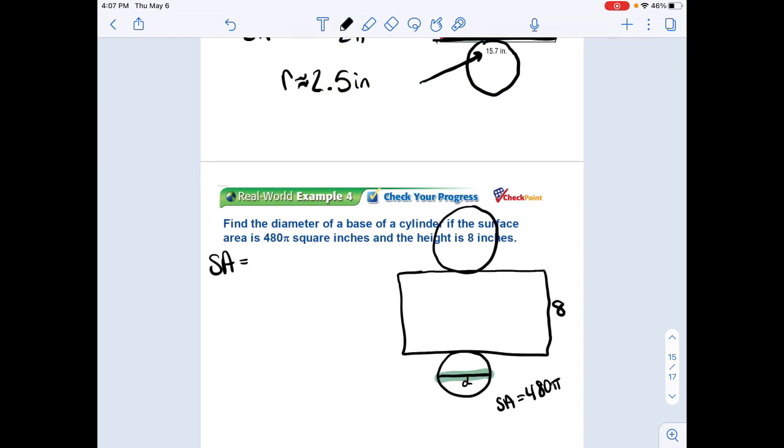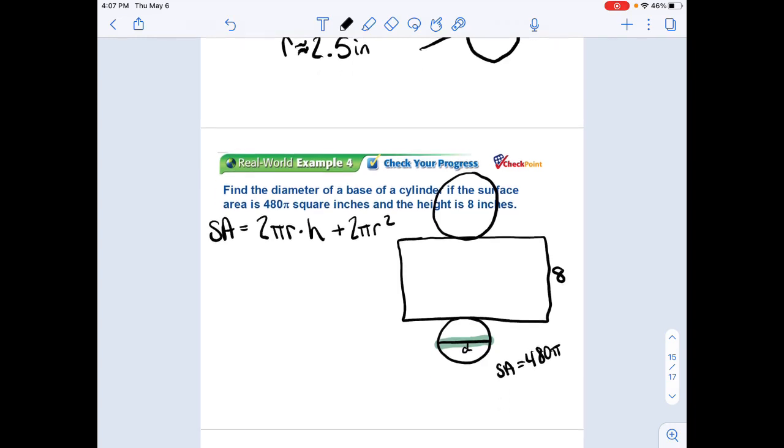We want to use our surface area equation, which is 2 pi r times height, plus the area of the circles, 2 pi r squared. Now we do have some information we can plug in, but not really a ton. We know the surface area is 480 pi, 2 pi, we don't know our radius, and we do know our height, and then 2 pi r squared.